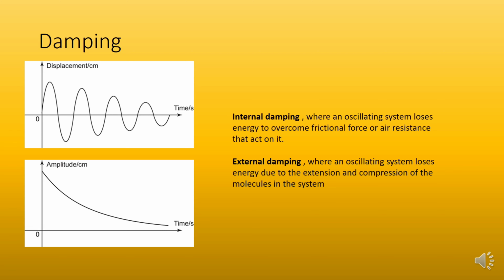While internal damping is energy loss due to the inside molecules, extension and compression of molecules in the system itself. So that's the difference: the applied force outside for external damping, and the extension and compression of molecules in the system for internal damping.